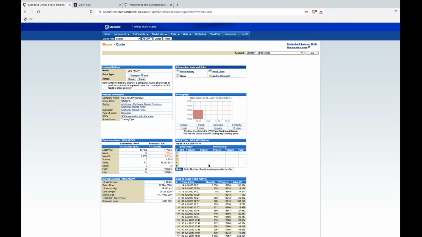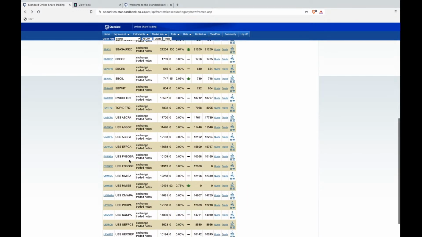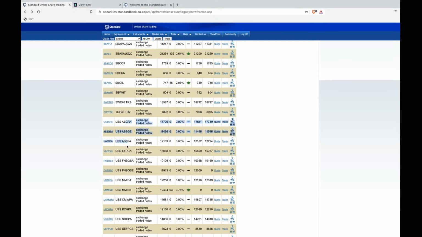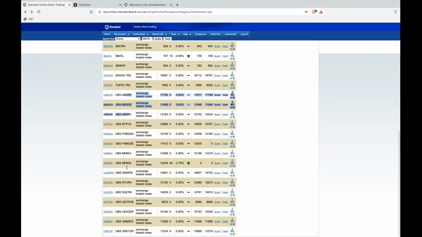But this is essentially an active fund that is traded by a third party, and then UBS packages it into an ETN and lists it onto the JSE. Again, expiry, in this case, December 23, so a little under 3.5 years until expiry. If you want more on those, you're going to have to go and Google the individual codes, see what's available. So those three there come from the one investment house, a couple out of FNB, etc.